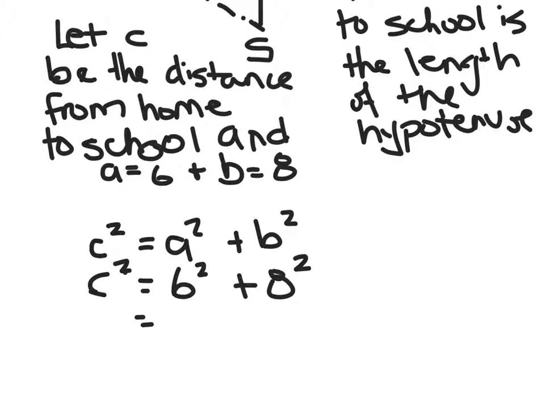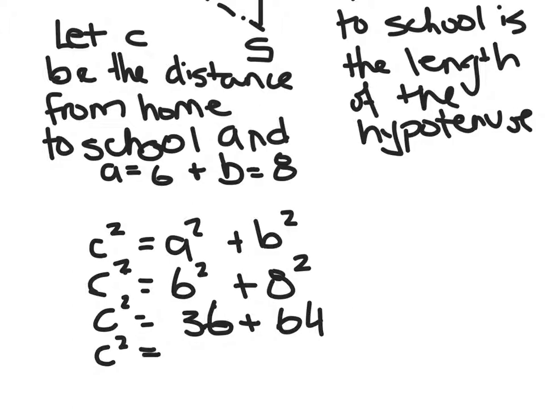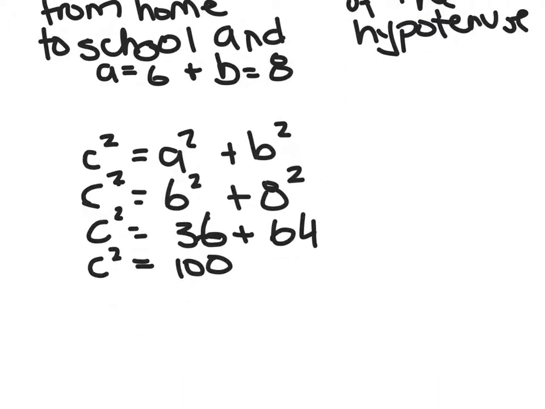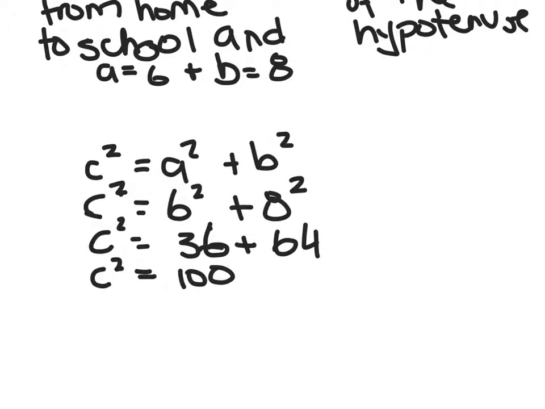So 6 squared is 36, and 8 squared is 64. If we add those together, we get 100. And then to find C, we're just going to take the square root on both sides. So square root of 100 will be 10.